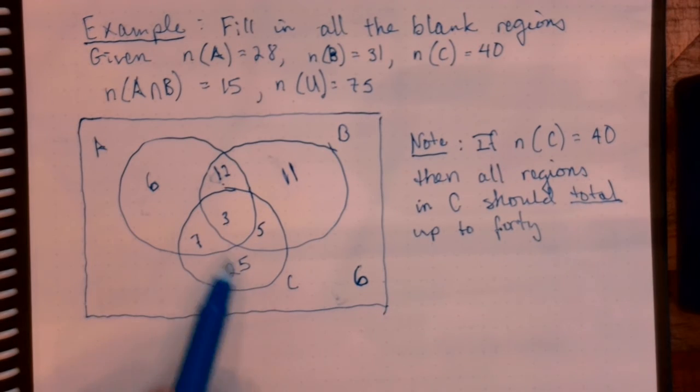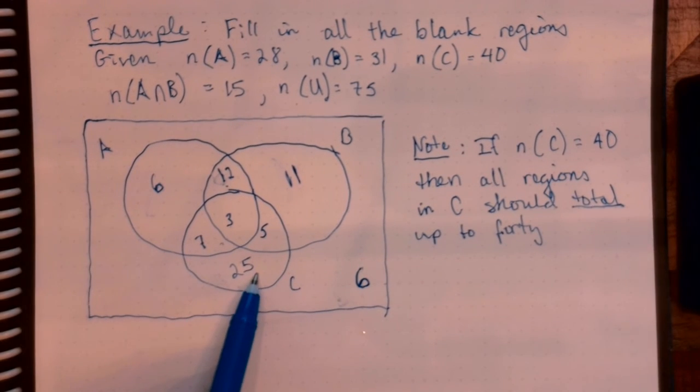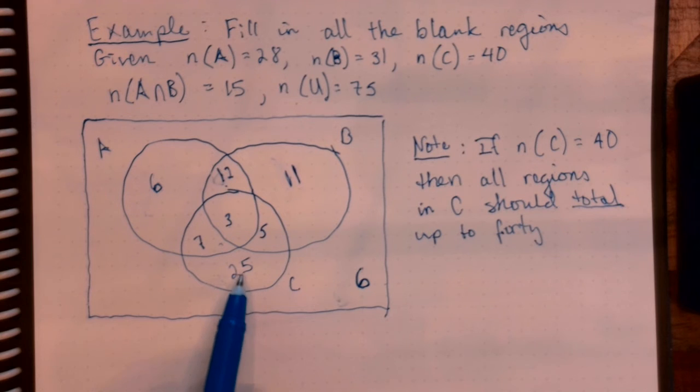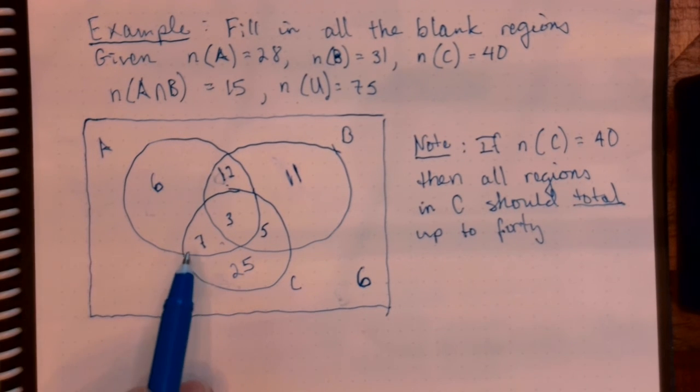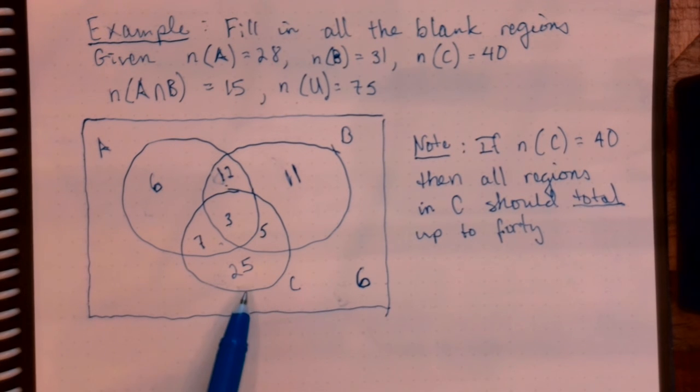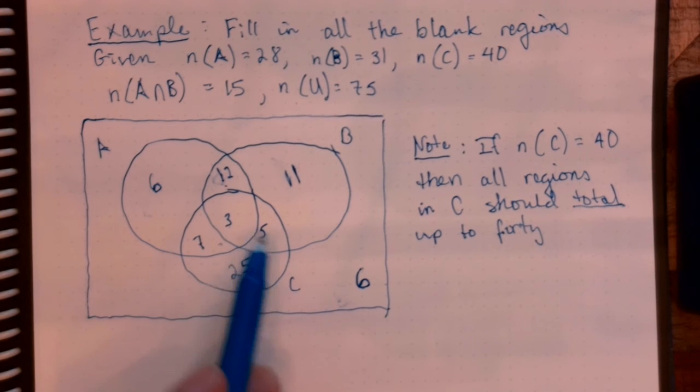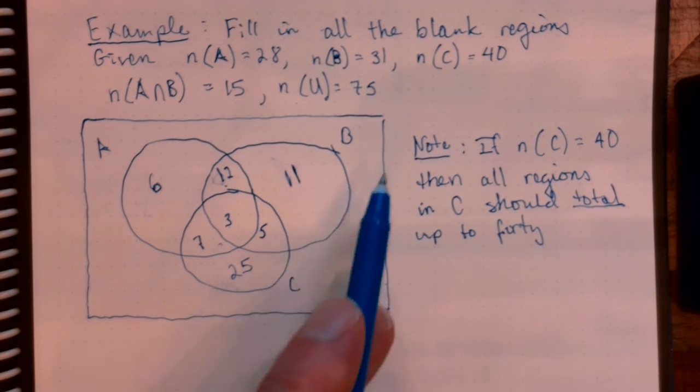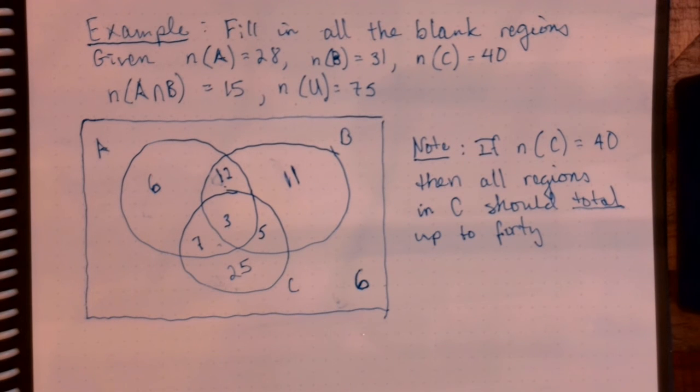In other words, this plus this plus this plus this has to be 40. Remember when we started the problem, this was our unknown here. Now C is comprised of 4 regions. We knew the values of 3 of them, so we can figure out the remaining one because we know what the total is supposed to be.